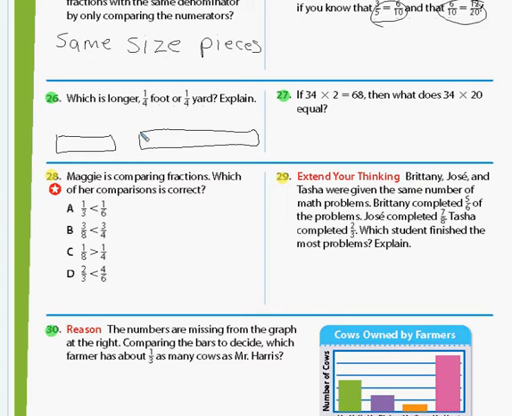So 1/4 of a foot is only going to be this part. 1/4 of a yard is still larger, basically because they're different size models. So that's telling us that 1/4 of a yard is larger.